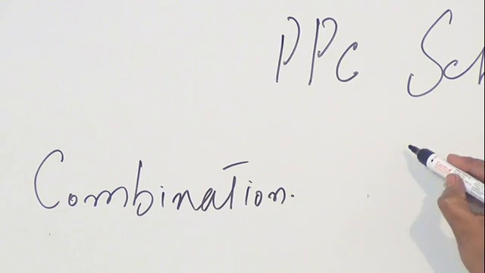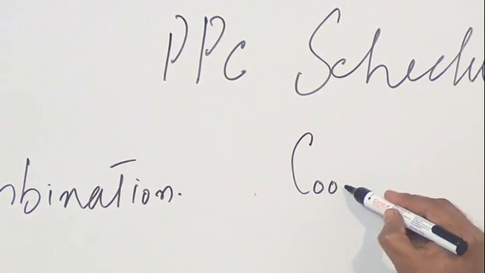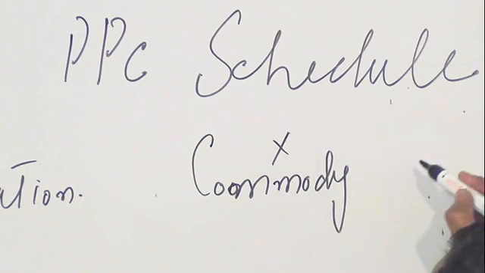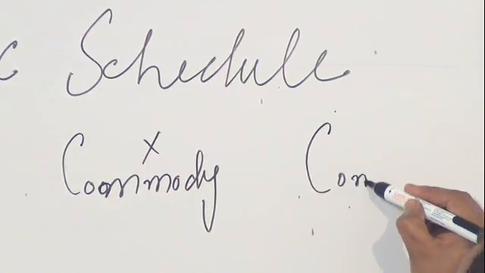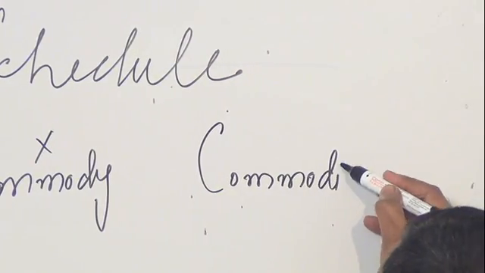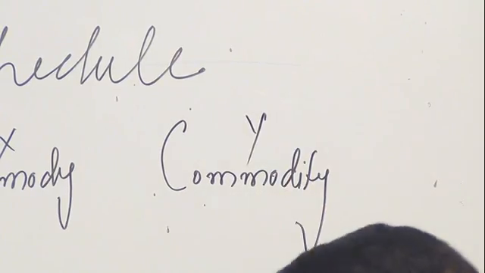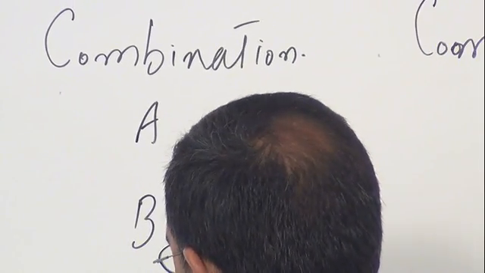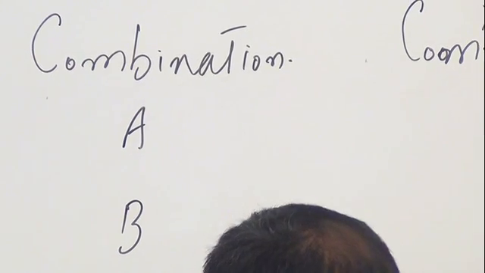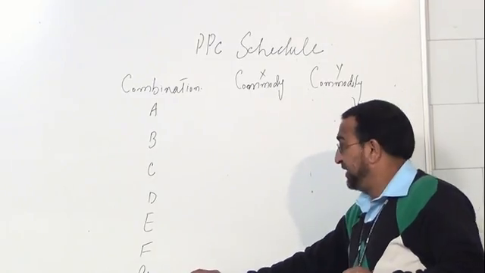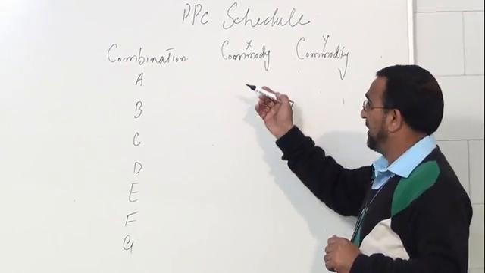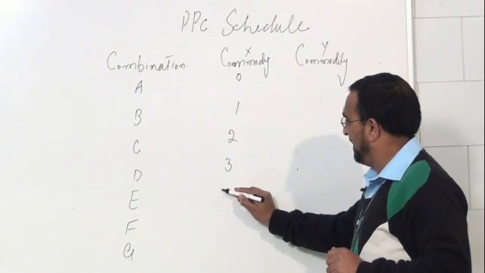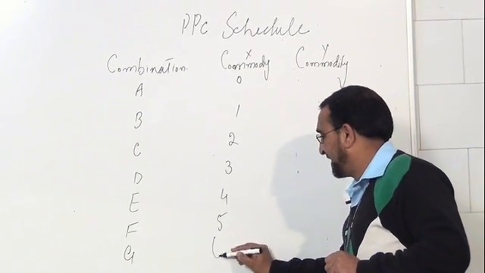Then we are producing commodity X, and commodity Y. Say our combinations are A, B, C, D, E, F and G. Commodity X is 0, 1, 2, 3, 4, 5 and 6.